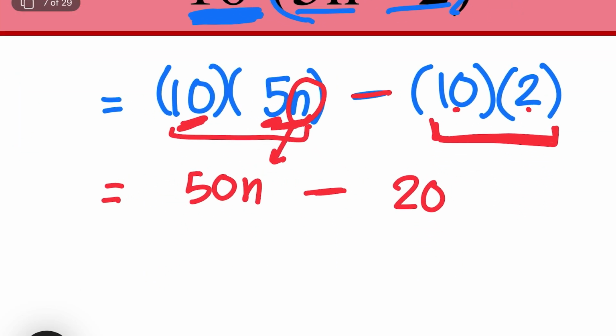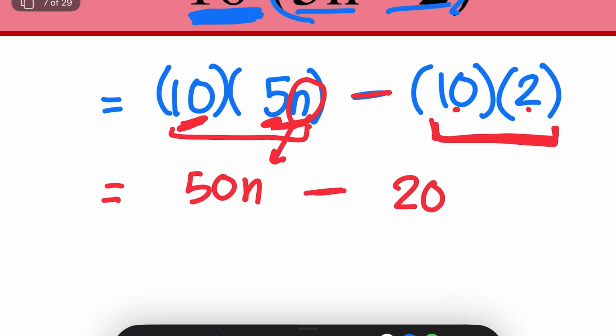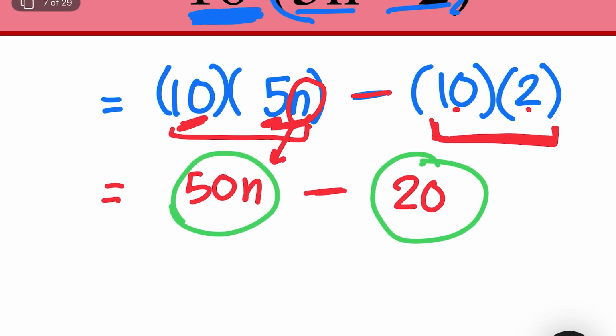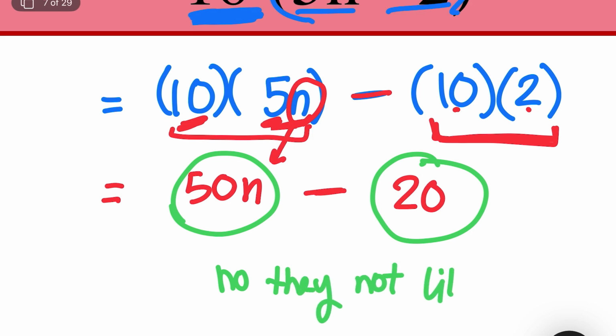Now, the last step is to ask yourself, can I simplify this expression? Can I combine these terms? Are they like terms? No, they are not like terms. Therefore, I cannot combine them.